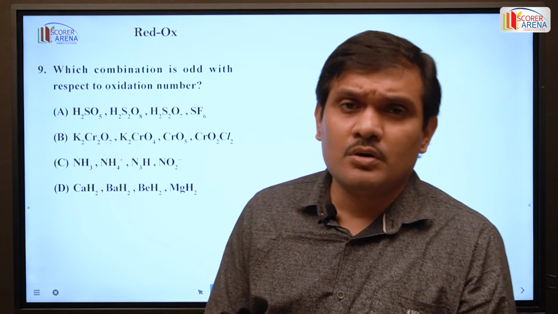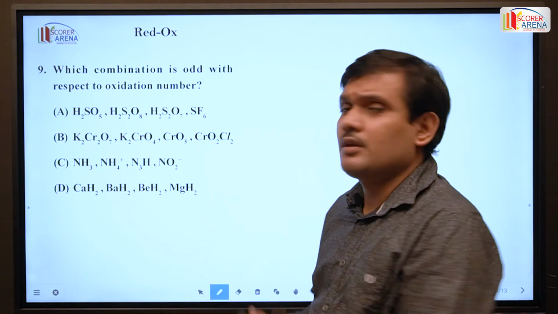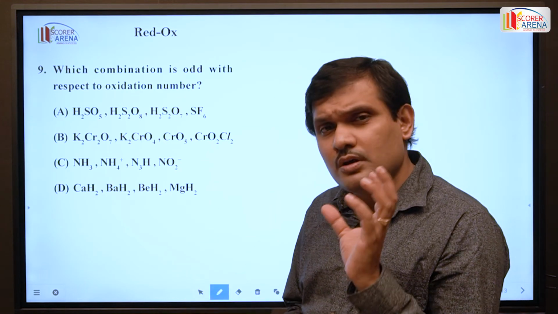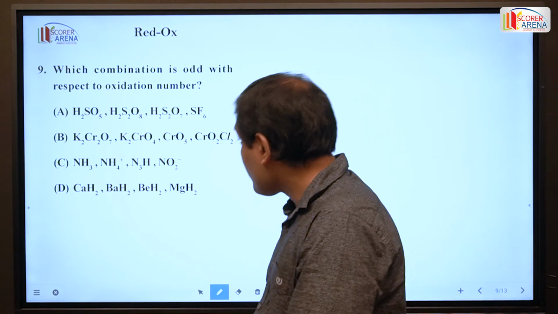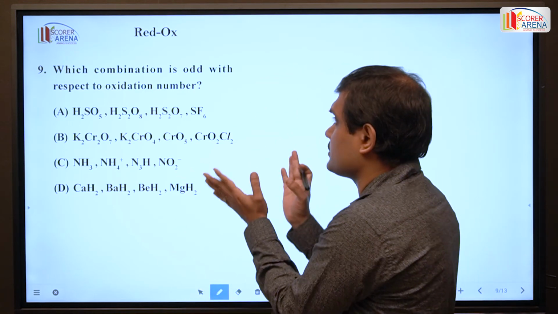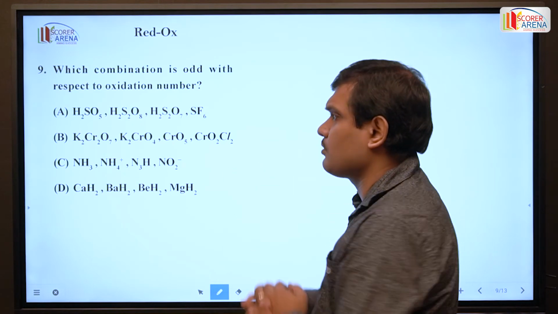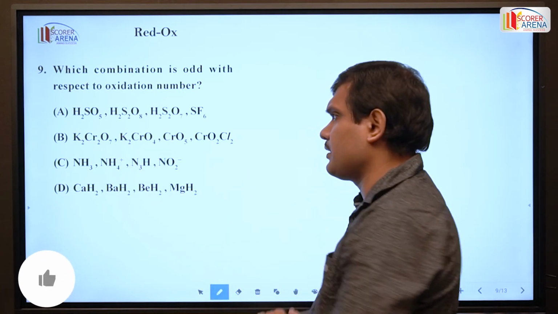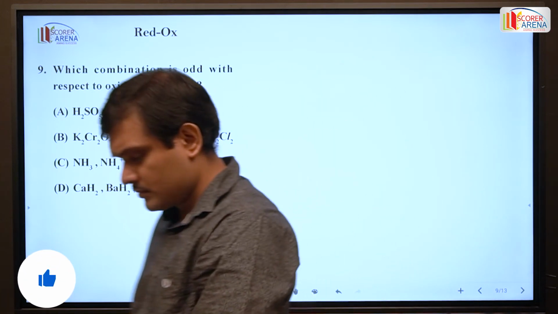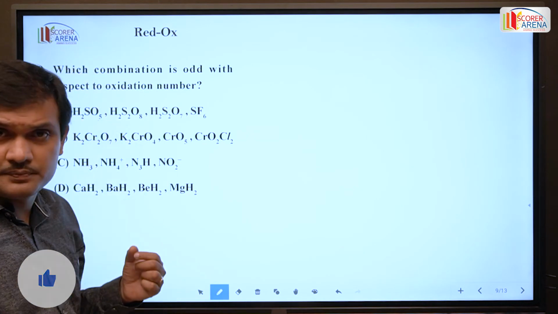Now here we are dealing with a new problem which will also reflect that idea. Suppose some combinations are given and it is asked in which case the combination is the odd one. So some compounds are given in options A, B, C, D. Try to check first what their oxidation numbers are.